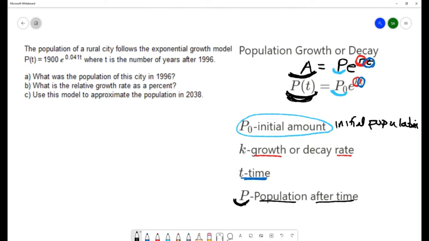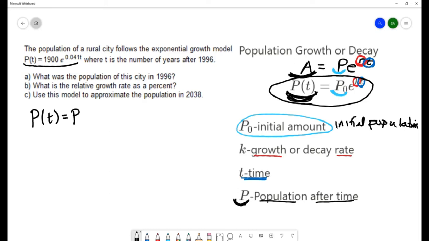So if we compare the model that they gave us with the formula, the pattern for population growth and decay, we're going to be able to identify these different parts. So the formula is P of T equals P naught e to the KT, and the model that they gave us is P of T equals 1,900 e to the 0.041 t.